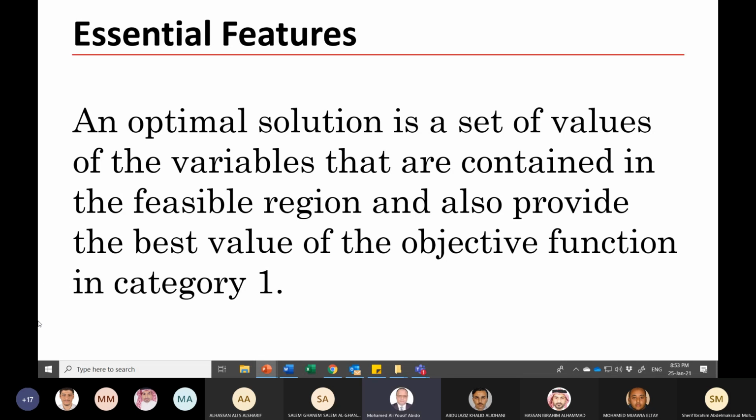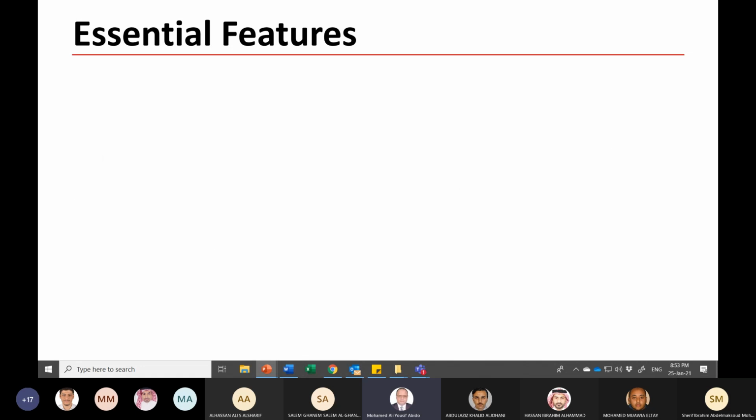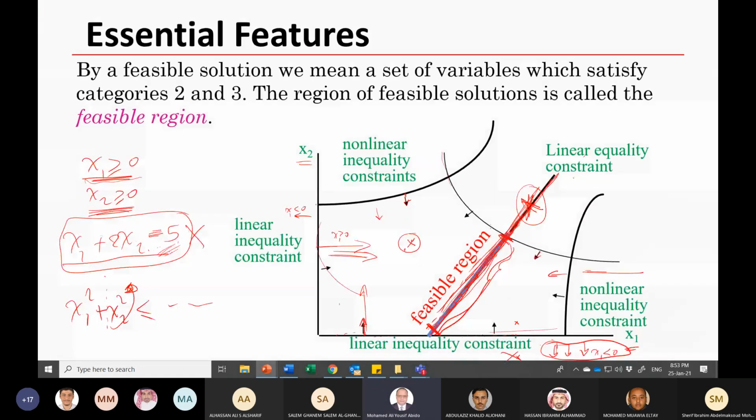An optimal solution is a set of values of the variables that are contained in the feasible region and also provide the best value of the objective function. So when you go to this example, all these points in this part of the line are feasible solutions.